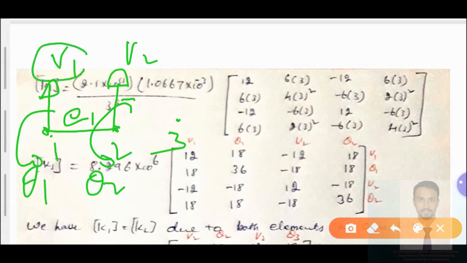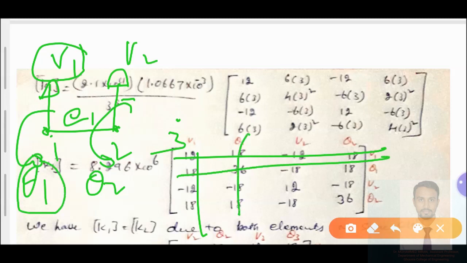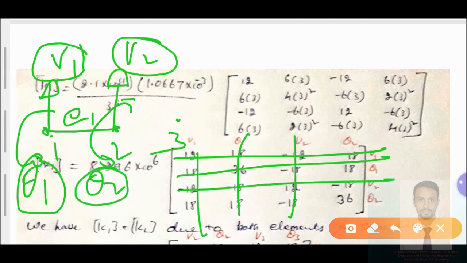With respect to the transverse displacement V1, first row and first column are named, and with respect to the rotation theta 1 at node number 1, second row and second column are named. Similarly, at node number 2, V2 is third row and third column, and theta 2, the rotation at node number 2, is fourth row and fourth column in the elemental stiffness matrix for element number 1.